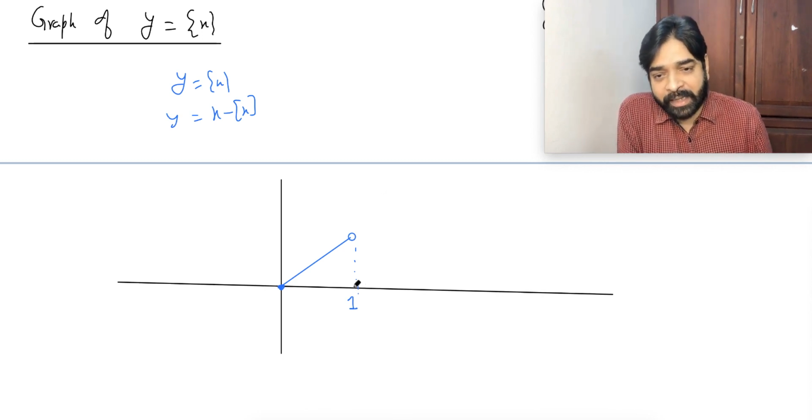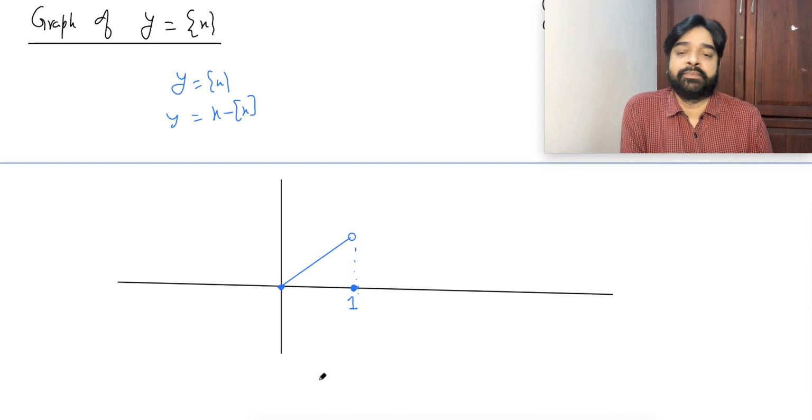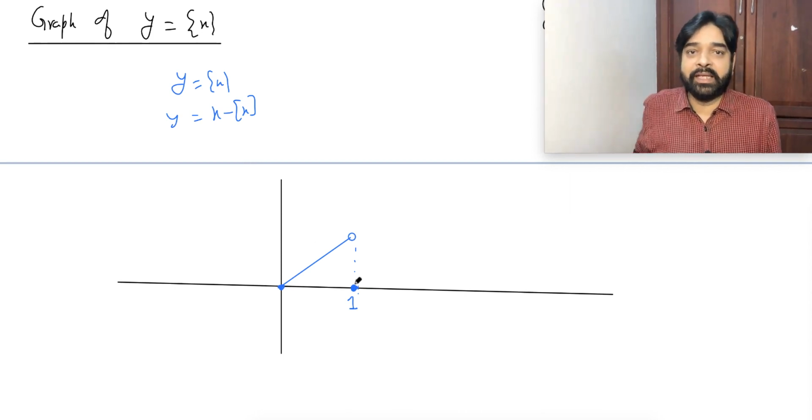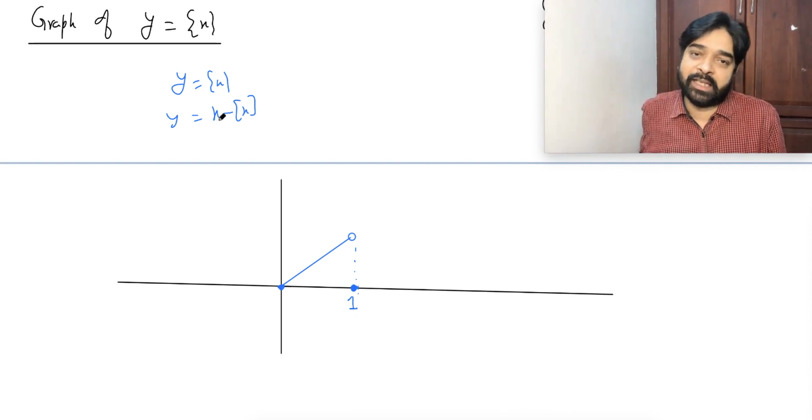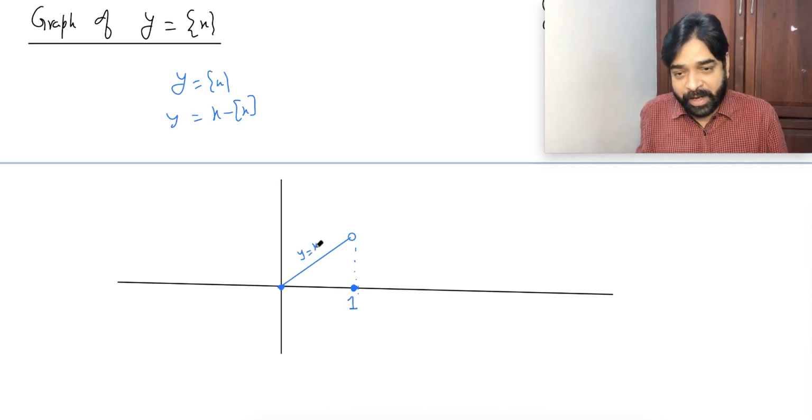At 1, again the value will become 0. Why? Because 1 minus 1 is 0. After 1, what will happen? If x is 1.1, this greatest integer value will become 1, so it will be x minus 1. That means we have to draw the x minus 1 graph. Think carefully. Basically, this is the graph of y equal to x.